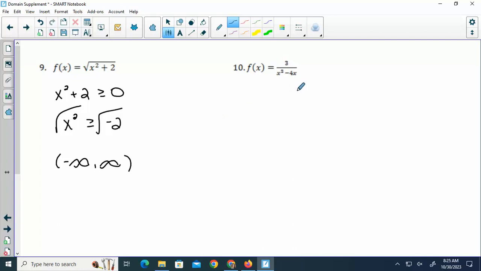All right. This one. It's a fraction, so what do we know? So my denominator cannot equal 0. How would we factor that? It's a squared. Sorry. It's tiny.